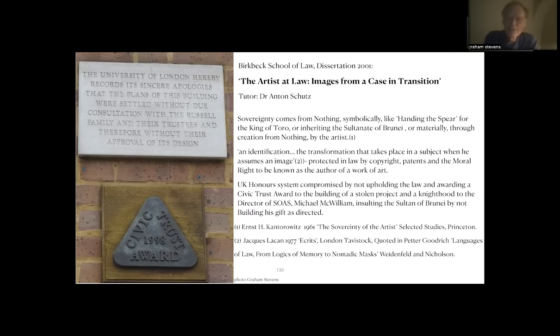If you create something, you have a moral right to be known as the author of that work, and it's completely independent of quality. The law does not distinguish quality in any way in giving the protection. Whatever you create, you own. It's yours. But if someone copies it, then you are protected.